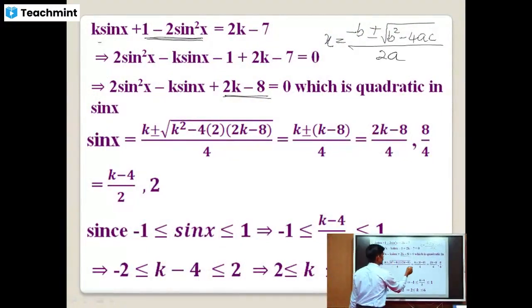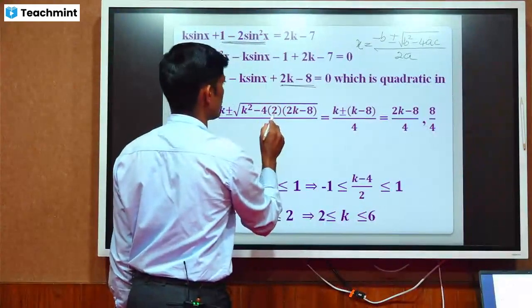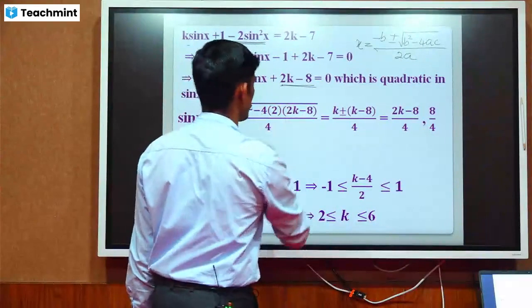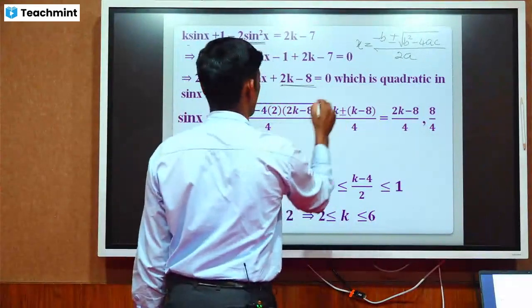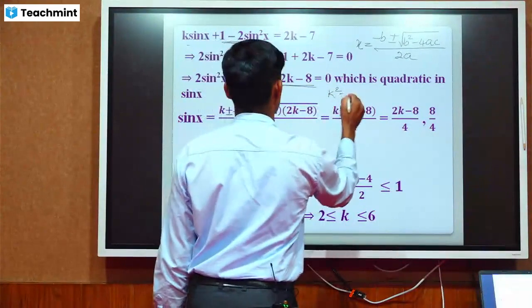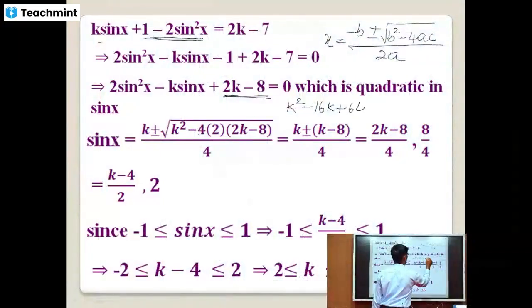So by making use of that formula, here it is k square minus 4 into 2 into (2k minus 8), that is 16k, then 8 into 8 is 64, plus 64. It can be written as k square minus 16k plus 64, which is equal to k minus 8 whole square.